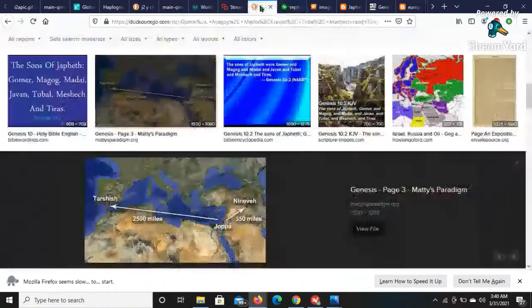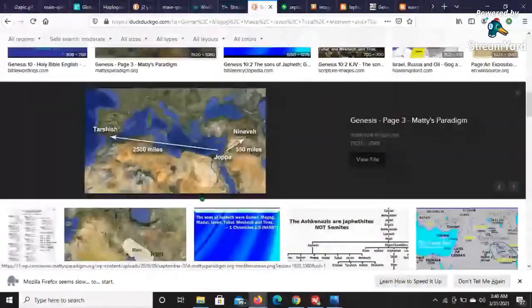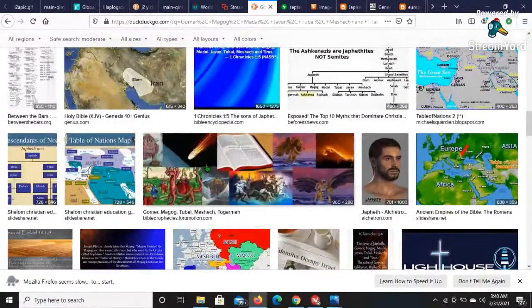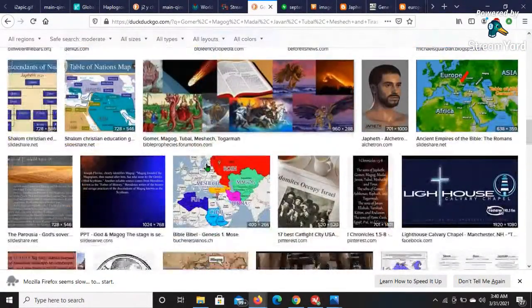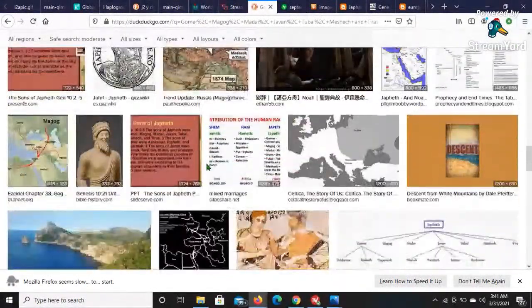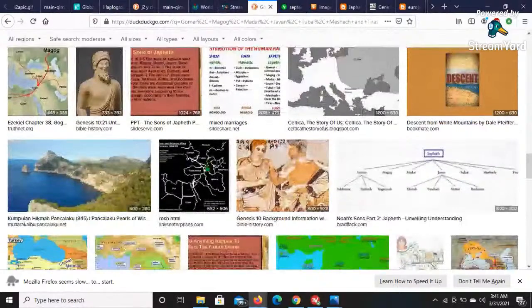Anyway, and that's the area of Elamites, which today are the Dravidians, probably. Okay, that's about as far as I can go.